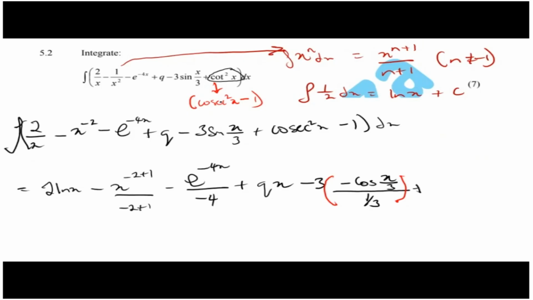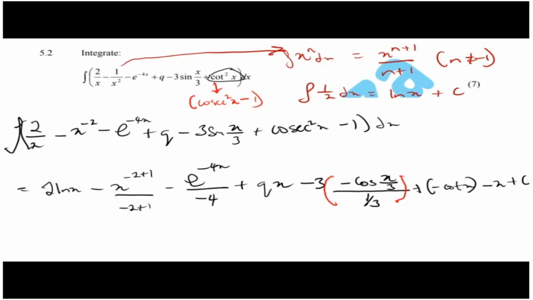So now, if you integrate it, what's the integral of cosec squared? It's negative cot x. Then what's the integral of 1? It's x plus c. So we are supposed to apply our identity for this one, because there's no integral of cot squared.